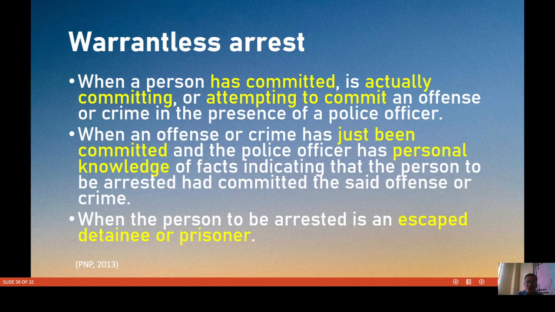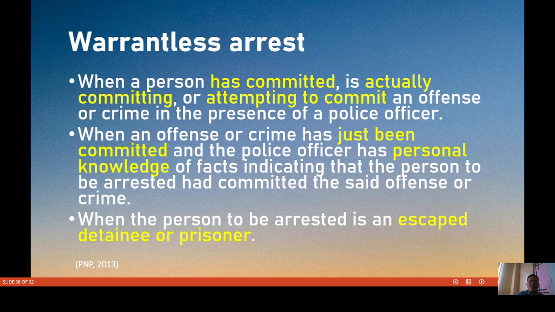Continuous chasing of a person, continuous pursuit of a person. There must be no interruption. So it must be continuous, from the first hour to the second hour to the third hour, to the fourth hour. But when you arrest him the following day, that's not hot pursuit already. You need a warrant of arrest already for that.